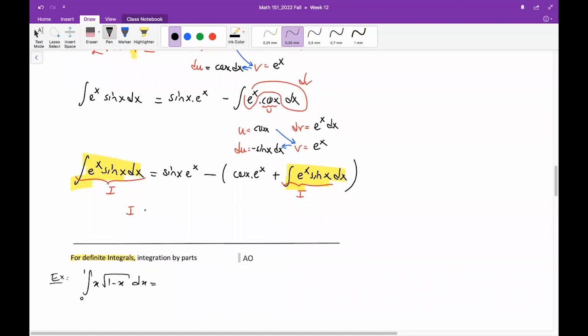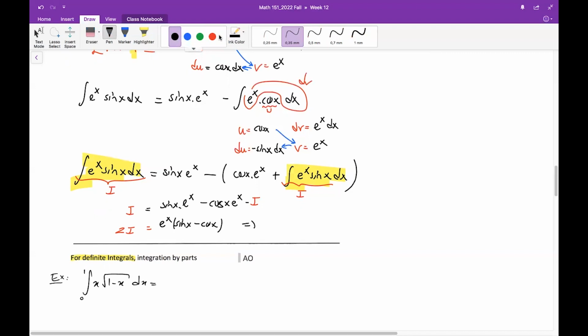I equals sine x e to the power x minus cosine x e to the power x minus another I. And you want to solve for I, so you can just take all the I's to the left side. Okay, so let me write it in this parenthesis form. E to the power x times sine x minus cosine x.